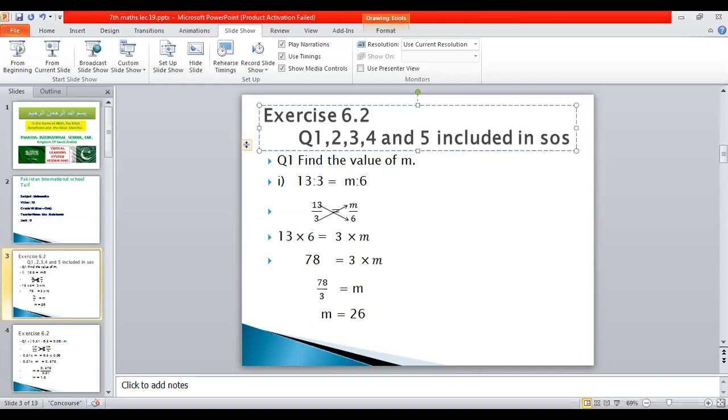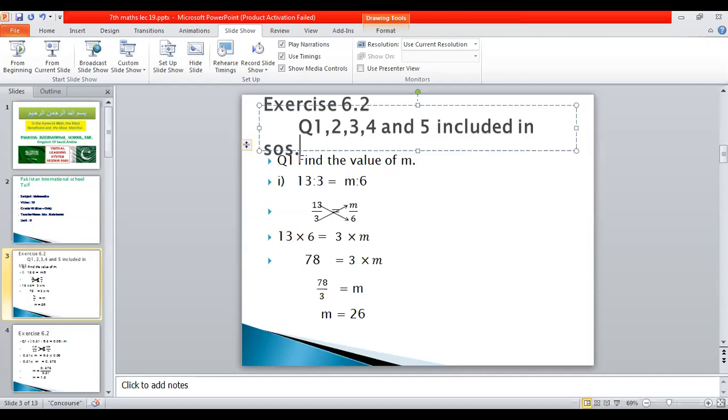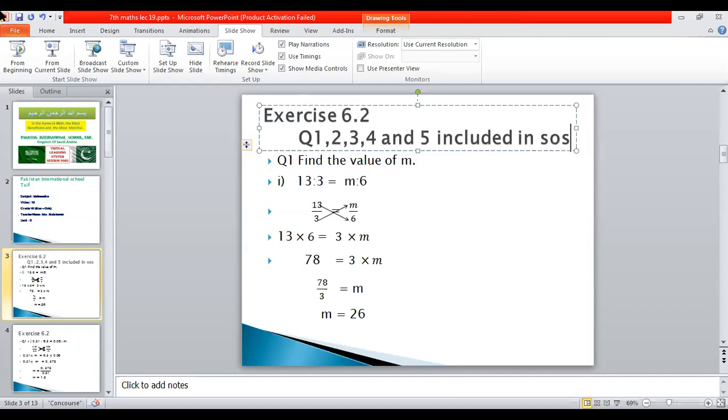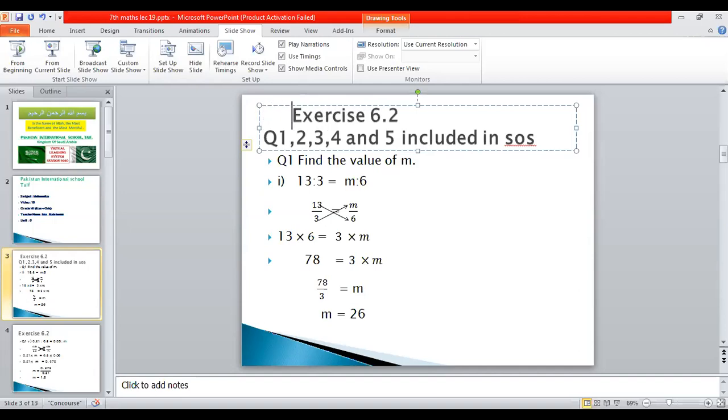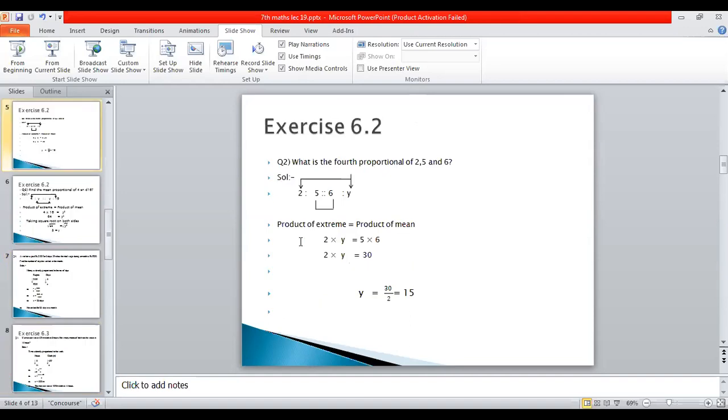These questions are included. So in this exercise, the first 5 questions are included. In the first question, you have 6 parts, 2 parts I solved here. In the same way, you do the remaining parts.